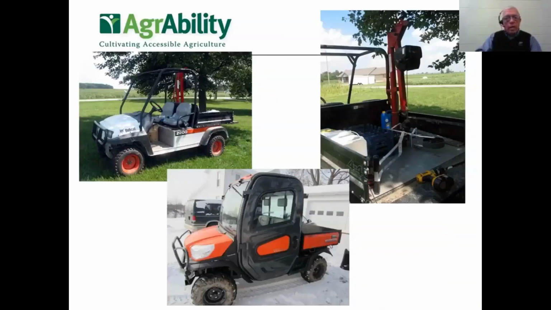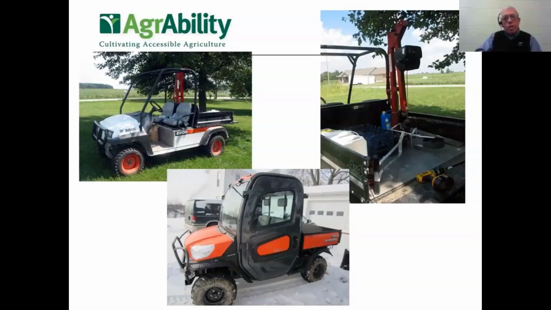The livestock still has to be taken care of, so the utility vehicle there in the bottom is a Kubota full cab and has a heater and air conditioner on it. Our clients with spinal cord injuries especially have difficulty controlling body temperature, so we try to moderate it with the heater and air conditioner.